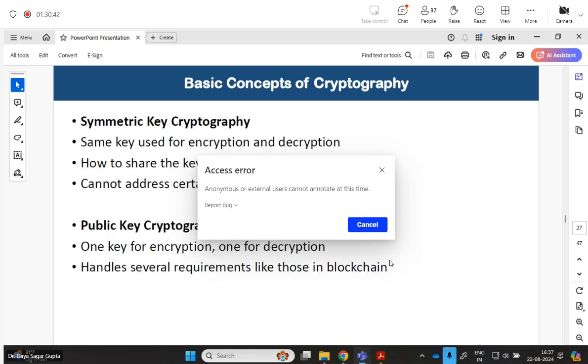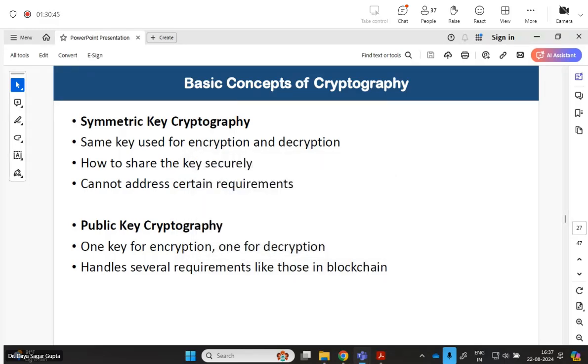As the name suggests, symmetric means the same key is being used for encryption as well as decryption. What do you mean by this?